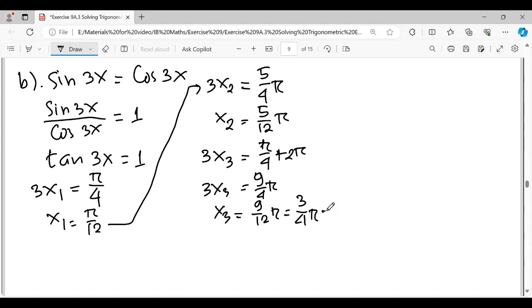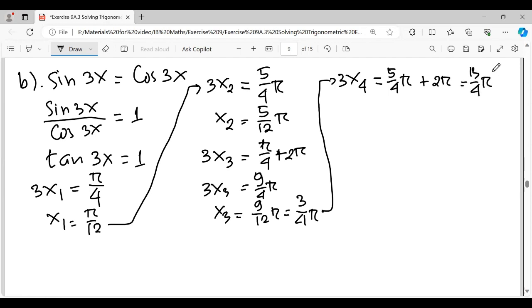The fourth x, I'm going to move the space. 5 over 4 pi plus 2 pi, 13 over 4 pi. So x4 is 13 over 12 pi.